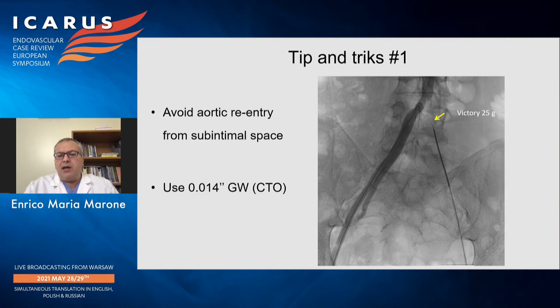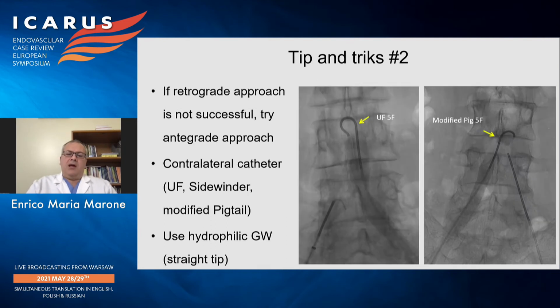This is an example, a Victory straight tip, 25 grams, in order to avoid a wide subintimal space, especially in the aorta, to stay intraluminal as much as possible and to obtain the recanalization even in calcified chronic occlusion. If the retrograde ipsilateral approach is not successful, we can try the antegrade or the double approach.